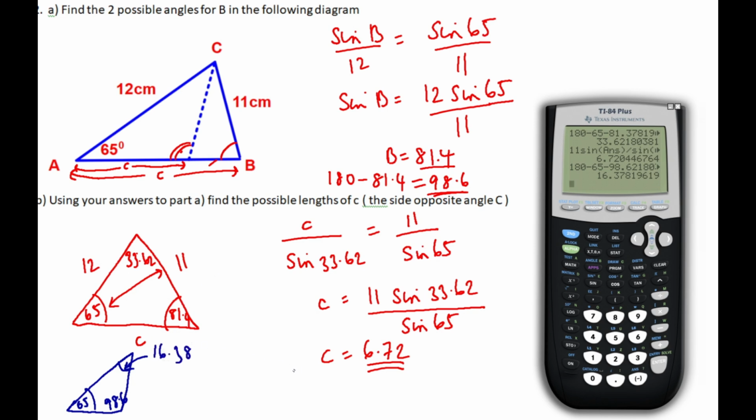38 actually. So then I go through exactly the same calculations that I just did. So obviously on my diagram that's 11 as well, and this is 12, but we don't need that. So we've got this pair again. So it's exactly the same calculation. So I'm just going to rub it out. So this time though, the opposite angle is the 16.38. Yeah, so I just need to change this part of it.